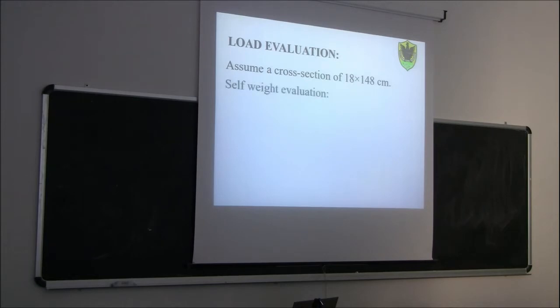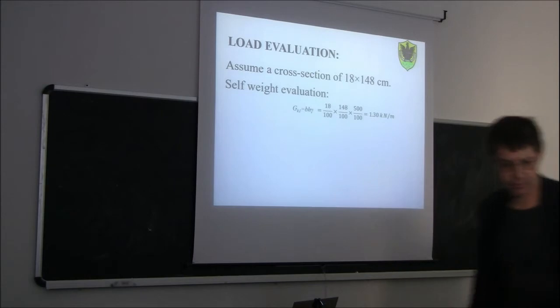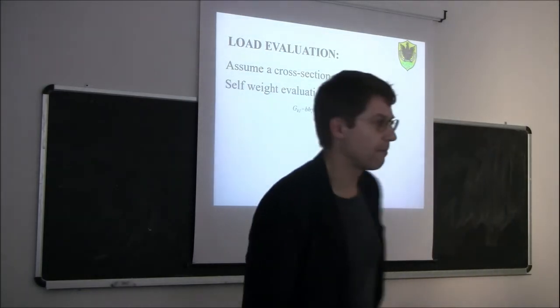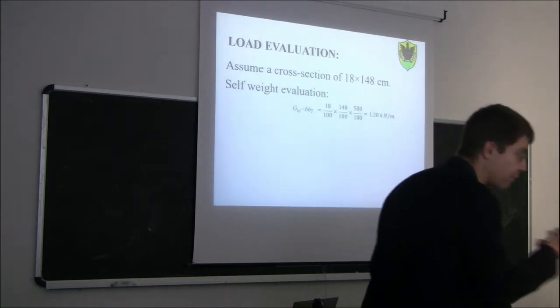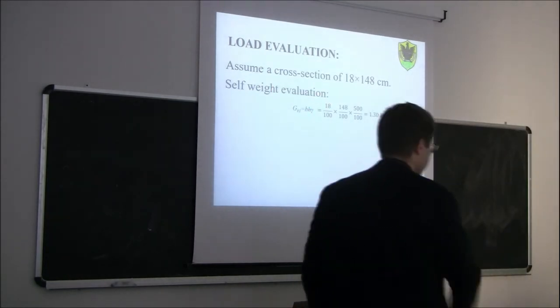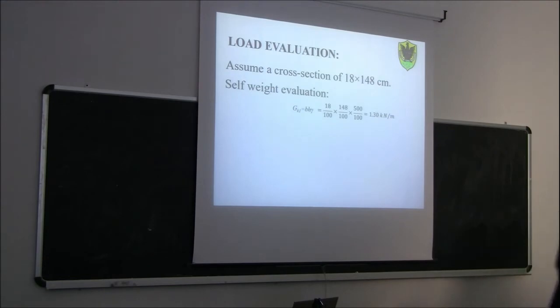So what we did last time, we calculated the self-weight. You remember how we selected the density? Because this was the only tricky thing, as I told you last time. How did you select the density, or let's say the unit weight, to be more specific, in order to calculate the self-weight? If you remember, there are two ways.